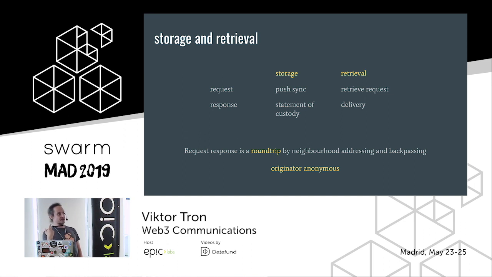For retrieval it's also a communication round trip, because you send a retrieve request and get the chunk delivered back. These are exactly the types of message passing events which I told you about, where there's one modality where you see the round trip, like the forwarding and then back passing. The examples for this are storage and retrieval.